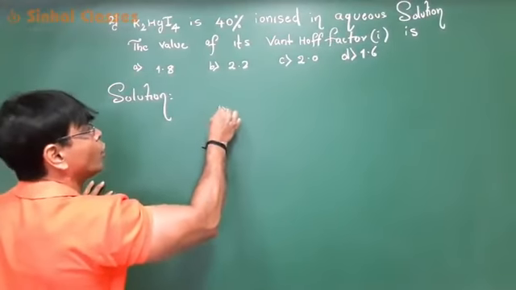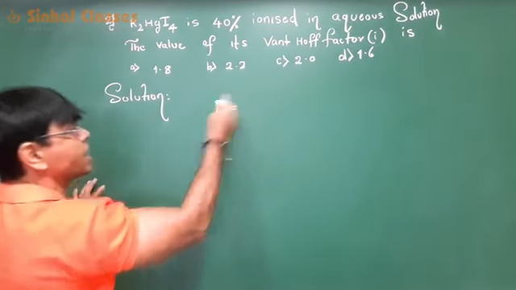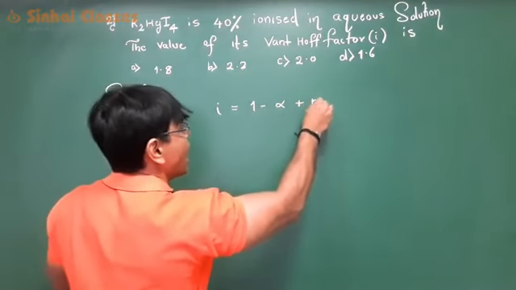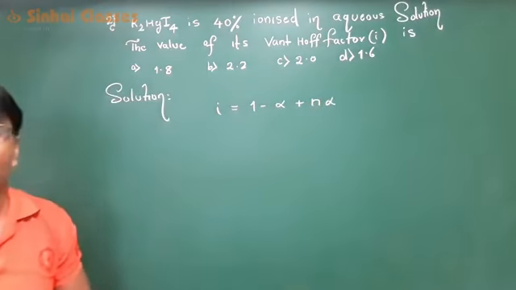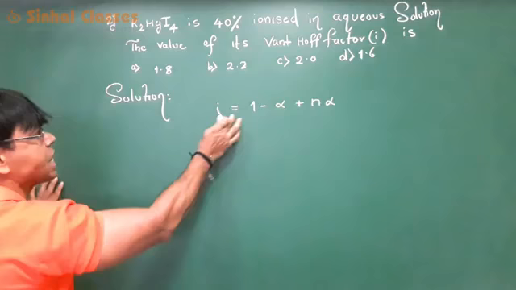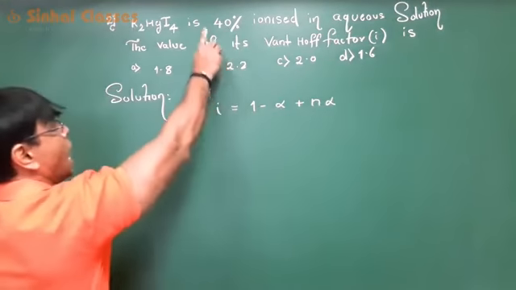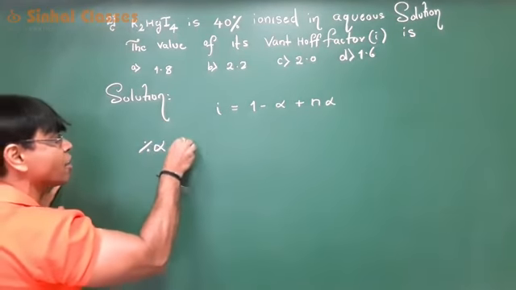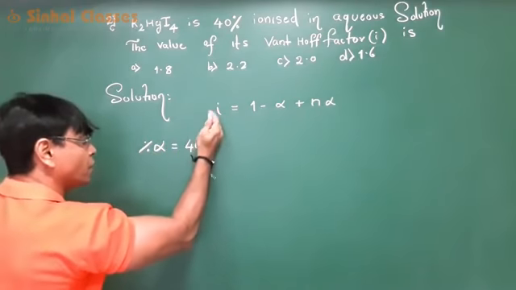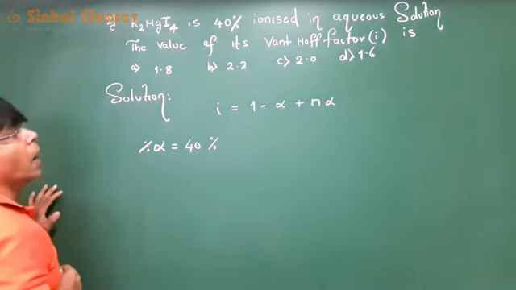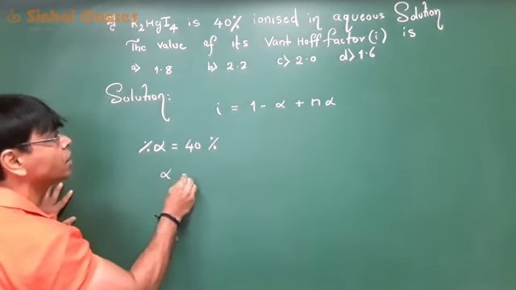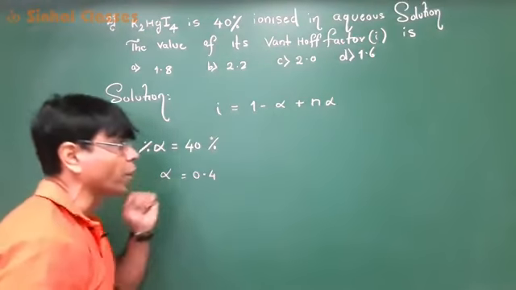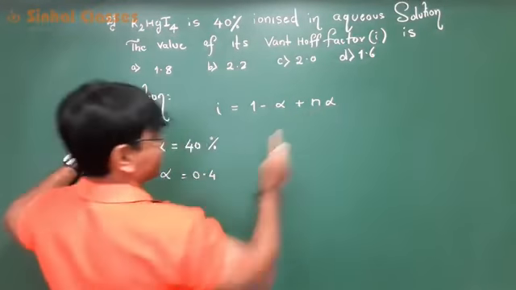Now we all know van't Hoff factor i = 1 - α + nα, where α stands for degree of dissociation and it is given as 40%. Therefore, α will be 0.4.